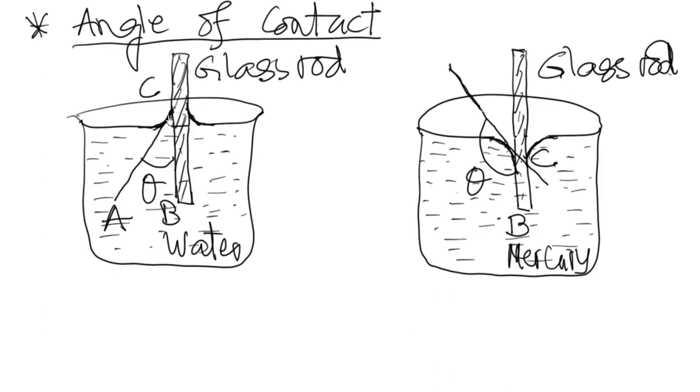If a tangent, you see CA, is drawn from the point of contact C of the liquid with the solid to the curved liquid surface, then the angle made by the tangent with the solid surface CB inside the liquid is called the angle of contact. Theta is the angle of contact.